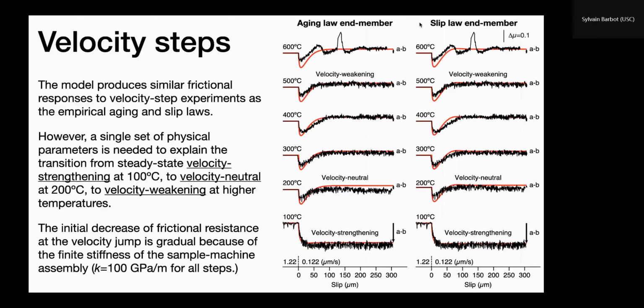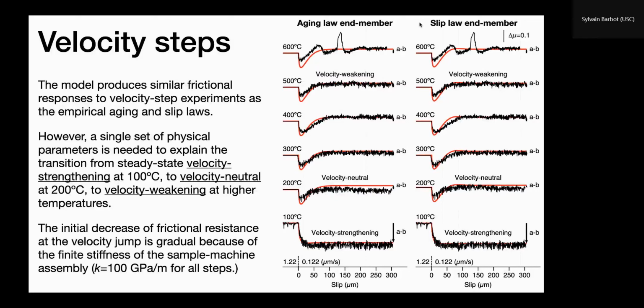So we are at a point in this field where the physics of friction can explain more data systematically than the empirical one. So I think that's quite important. So there's two model predictions here, one with the aging law, one with the slip law. They use the same constitutive parameters except one for the weakening distance because they behave slightly differently, but they have the same answer at steady state, so it doesn't matter.